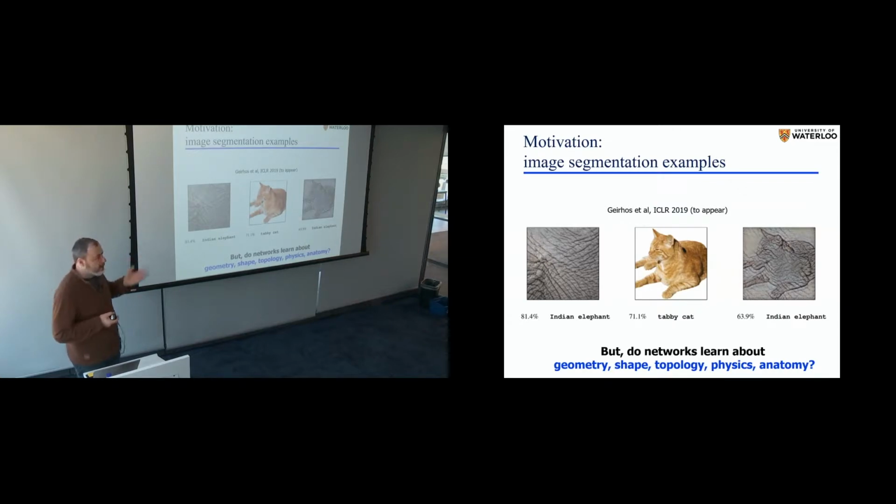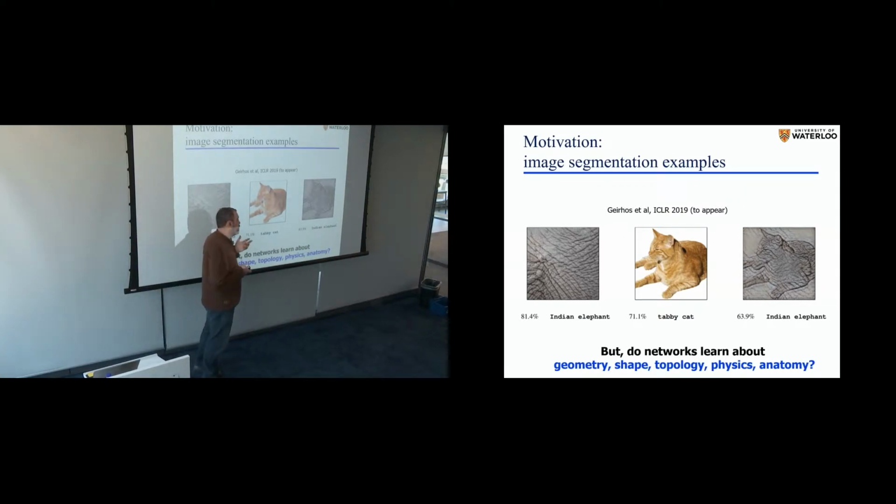There may be lots of other things you can say, but this is an example from a recent paper that's about to appear in ICLR, where it seems like the recognition, at least in the context of computer vision, is primarily focused on texture. So you have the texture of an elephant on the shape of a cat, but it picks up primarily on the texture.